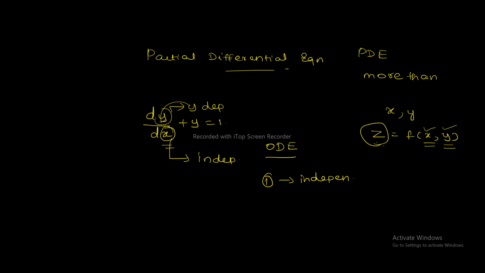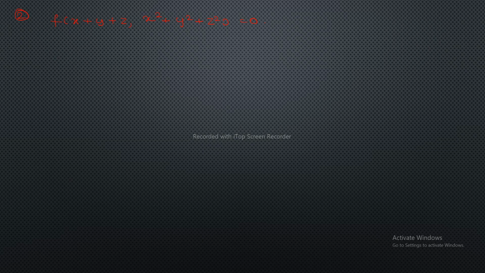When these variables change, your z changes. So in that case, you use a new notation or symbol, dou z by dou x and dou z by dou y, and throughout this partial differential equation we have dou z by dou x is equal to p, and for our convenience dou z by dou y is equal to q.